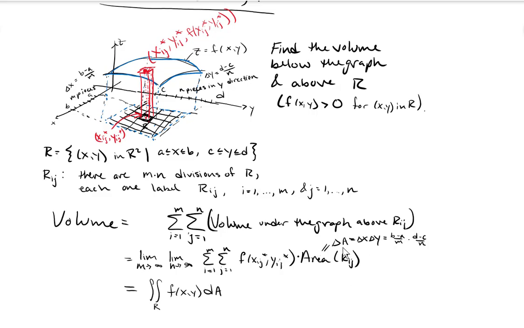Just like delta x turned into a dx above, delta A is turning into a dA here. And we call this the double integral of f of x y over rectangle R. Okay, so that's a definition. I'm just going to make that note here.